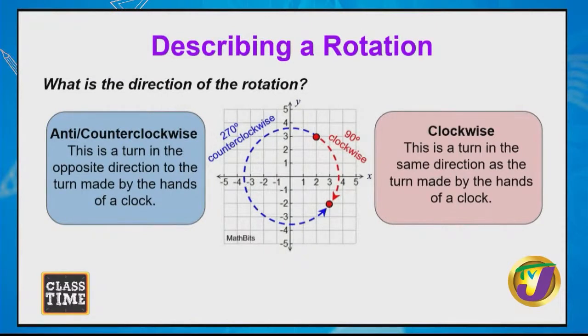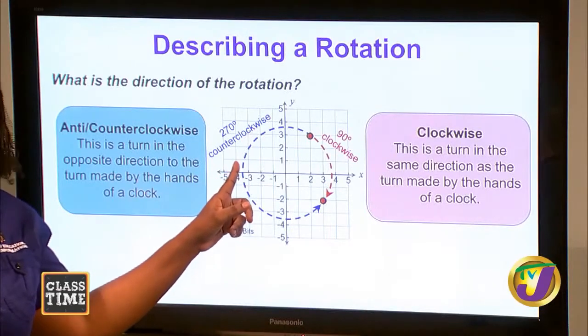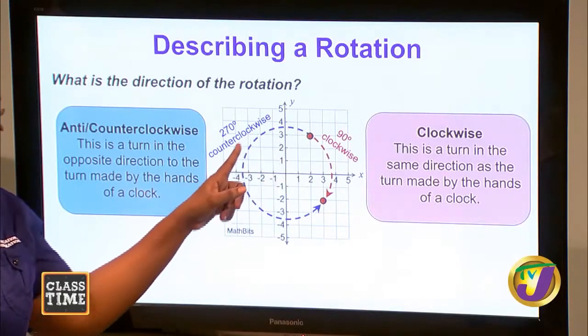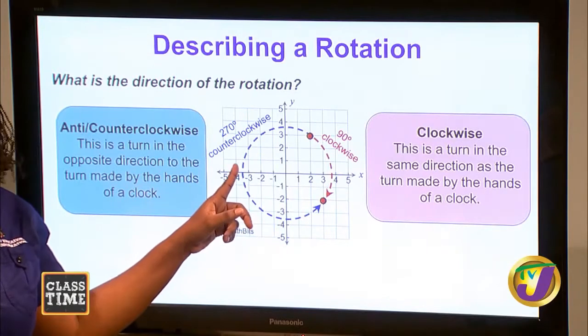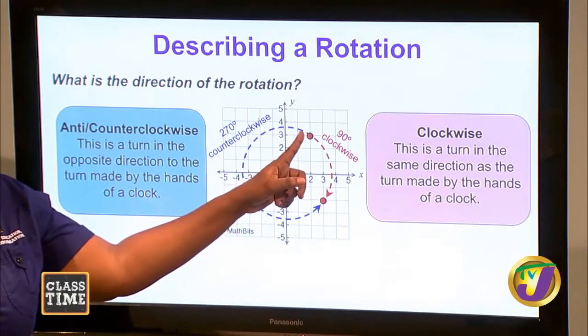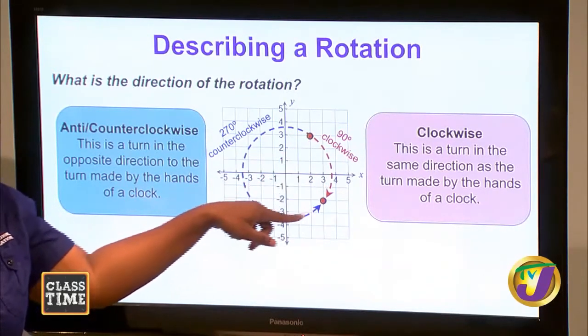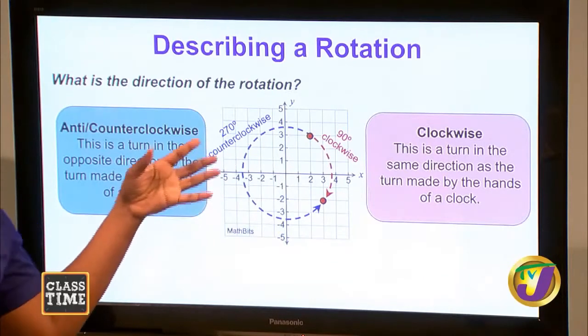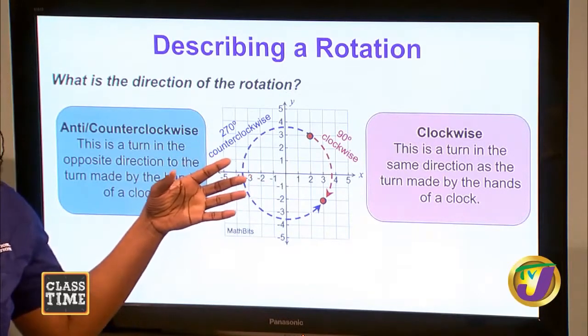Suppose, for argument's sake, I did a 90-degree counterclockwise and a 270-degree clockwise. You're saying, based on this picture, that I would get the same result as well.